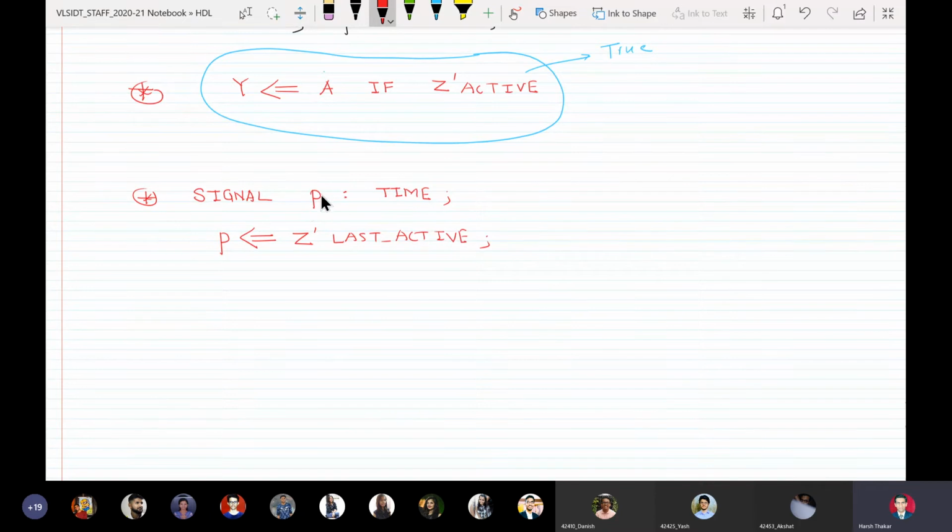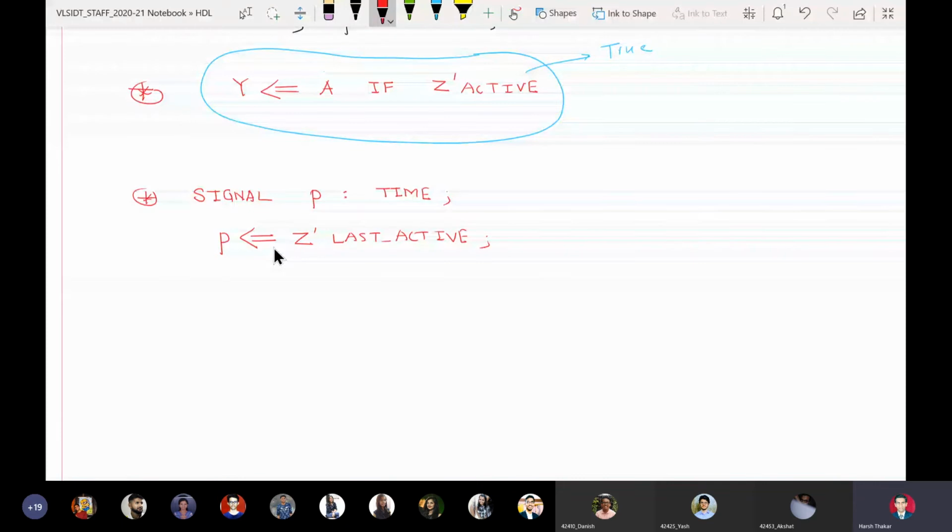Okay, so I have defined one more signal P which is having the data type called time, and I am telling that P should be assigned Z tick last active. So for example, if Z was active last before 15 nanoseconds, then after execution of this statement, 15 nanoseconds value will be assigned to signal P.